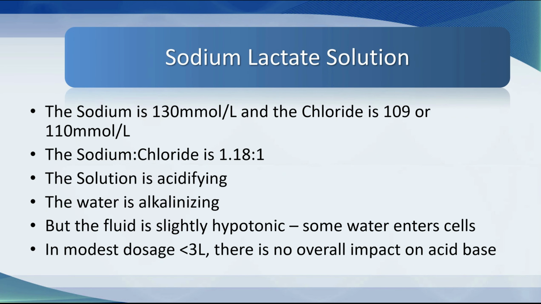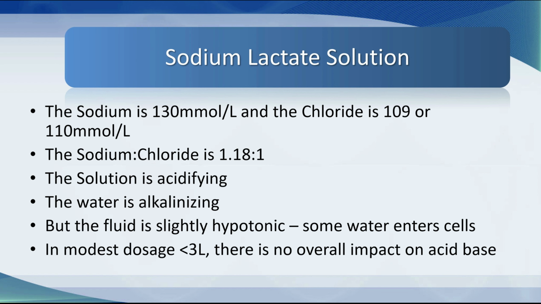Sodium lactate solution contains 130 millimoles per litre of sodium and 109 or 110 of chloride, depending whether this is lactated Ringer's or Hartmann's, and it can be an Australian Hartmann's versus a European Hartmann's. The sodium to chloride ratio is 1.18 to 1.